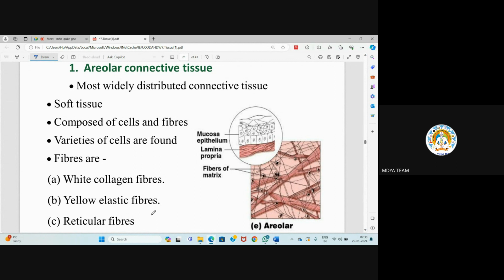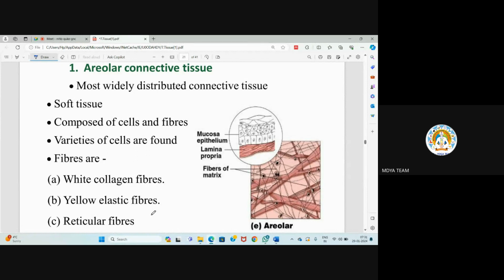If we are consuming carrot or cucumber, they contain high fiber, meaning they are a high fibrous diet. Those fibers cannot be digested in our body. Fibers are not digestible, remember this.